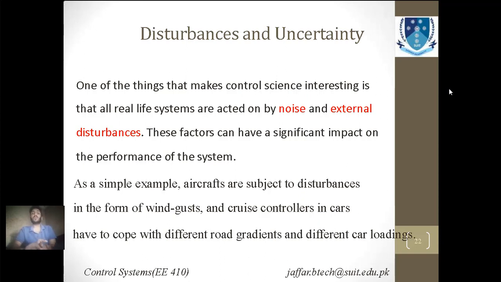So you do not want your system to give you garbage values or random values when it comes to noise or any other disturbance. So you have to take disturbance into account before designing a control system. Your control system must be good enough to avoid those disturbances, or your sensor must be good enough to take proper readings in the presence of noise, in the presence of external disturbance.